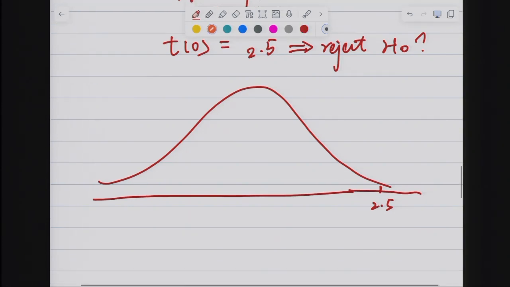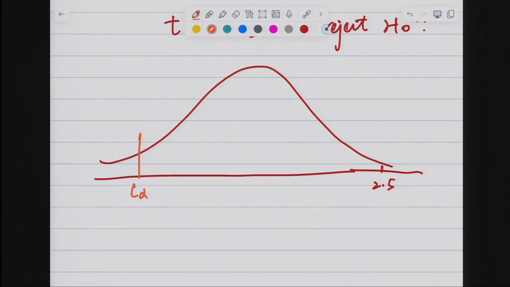For this, whatever the critical value is, let it be 1.64, minus 1.64, or anything. In any case, your test statistic has to lie in the lower tail for us to reject the null hypothesis in favor of a negative one.